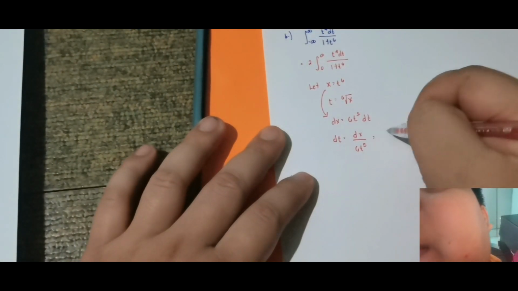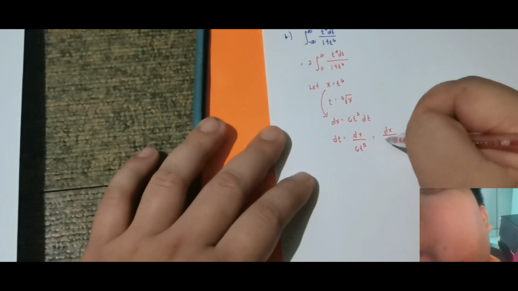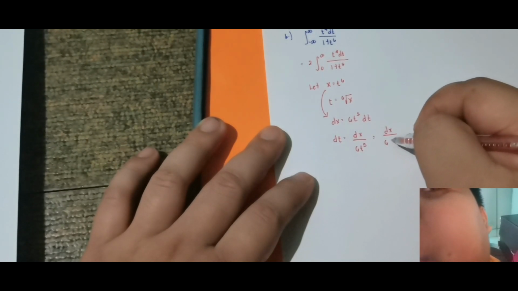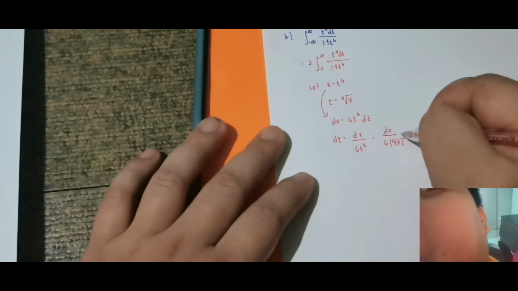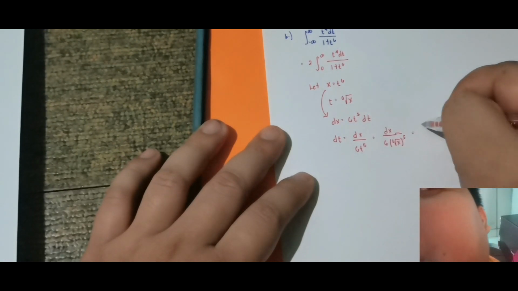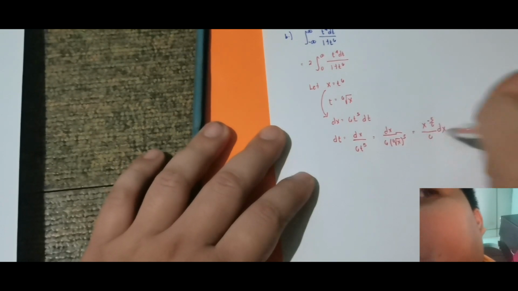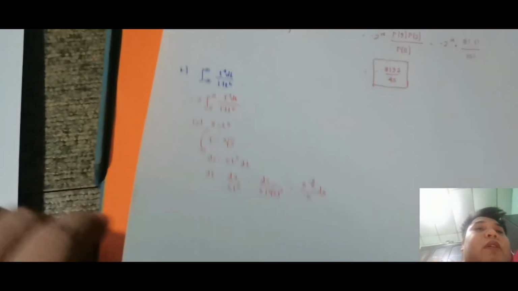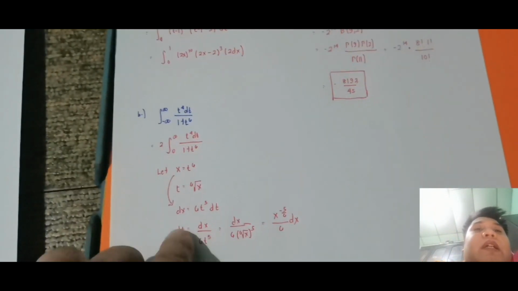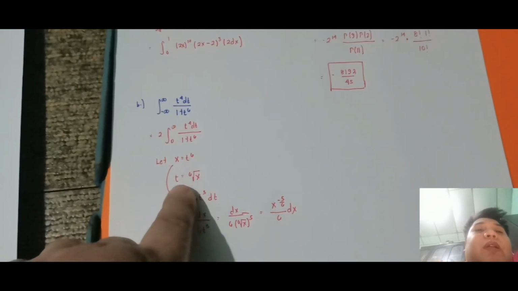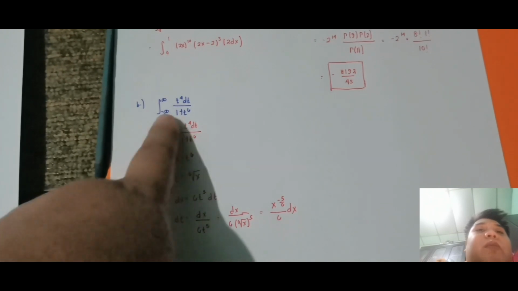Or this is simply dx over 6 times the 6th root of x raised to 5. Or this is just x raised to negative 5 over 6 over 6 tapos dx. Yan yung magiging dt natin. So problema rin natin yung t. Ito kasi t papalitan natin doon.